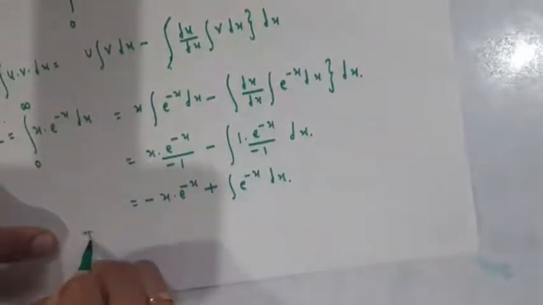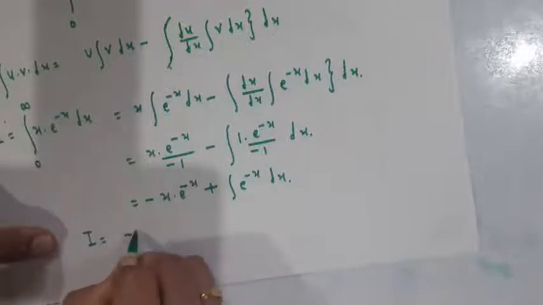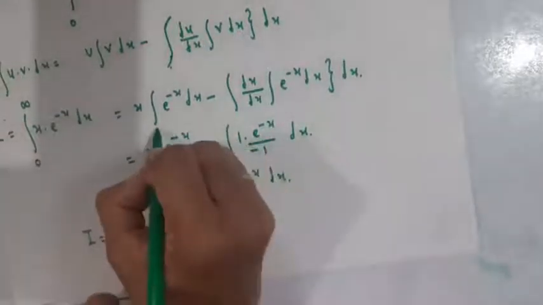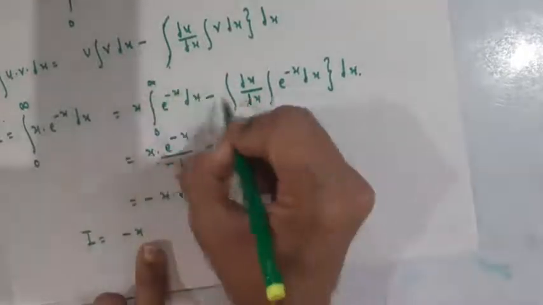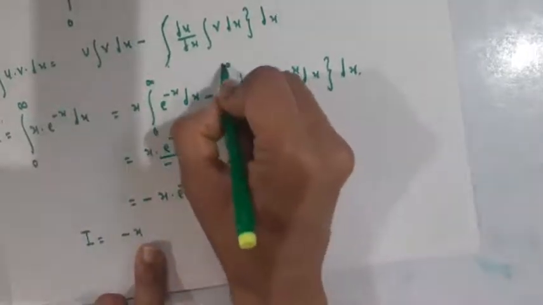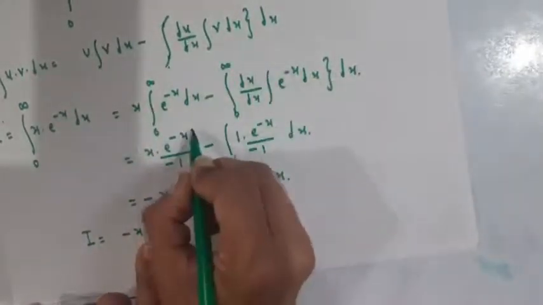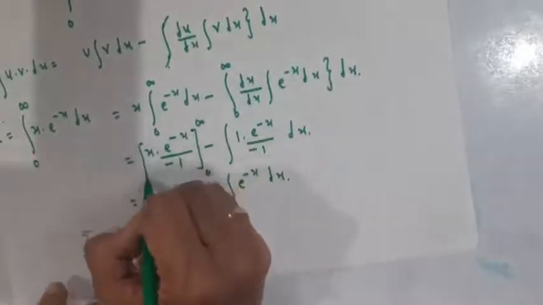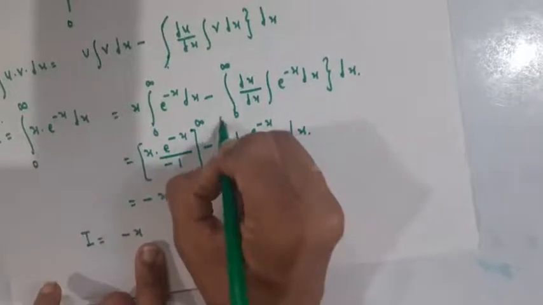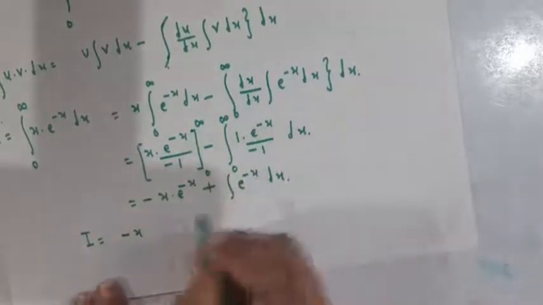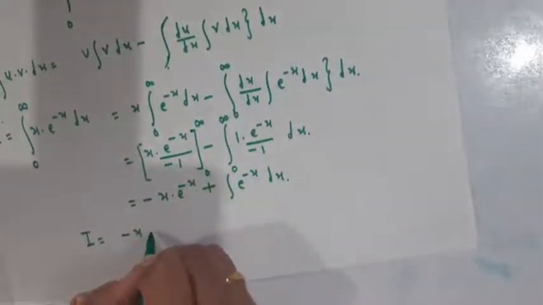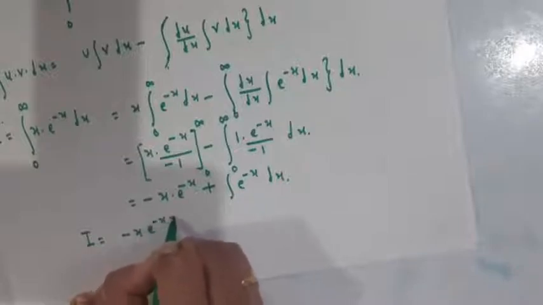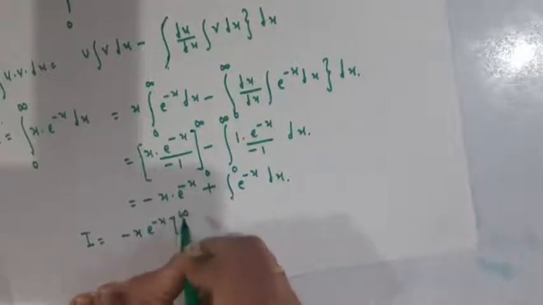And now integration I equal to minus, and everywhere limit of integration 0 to infinity. So minus x e raised to minus x, 0 to infinity.